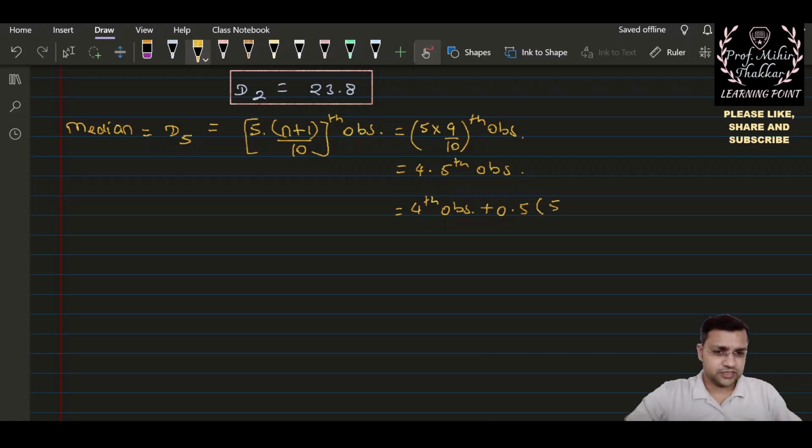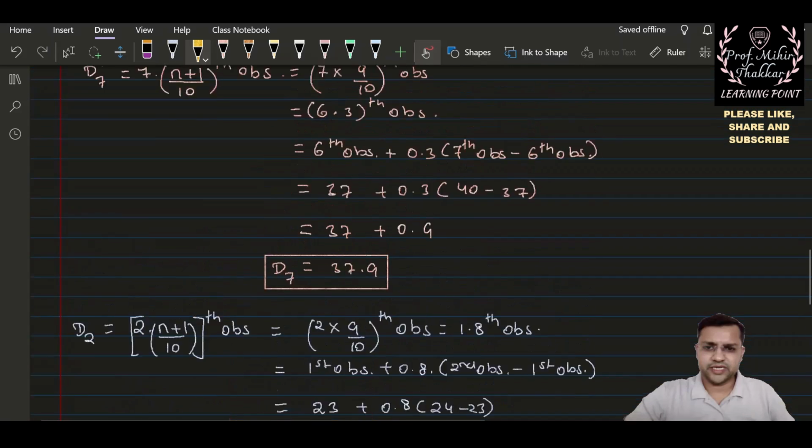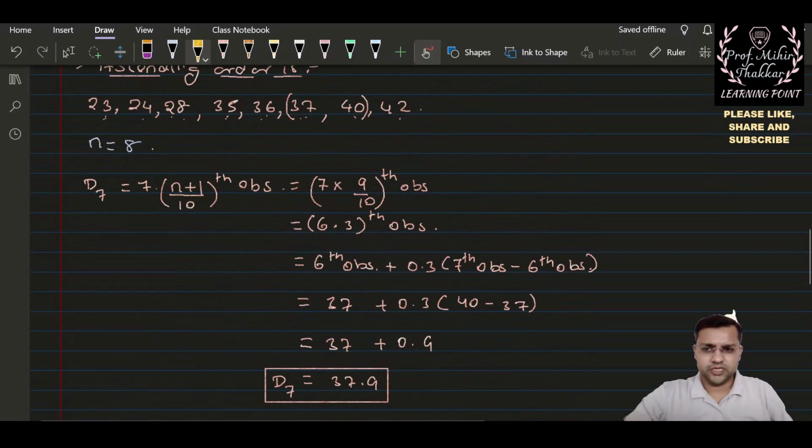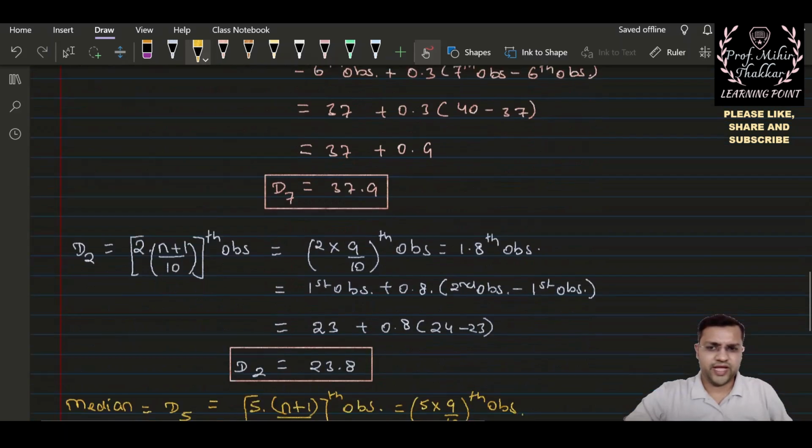Therefore, it is the fifth observation minus the fourth observation. Now, in the ascending order that we have taken, it is first, second, third, fourth, and the fifth. So we have to use these two numbers, 35 and 36.